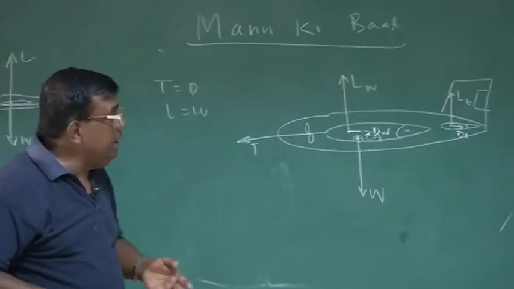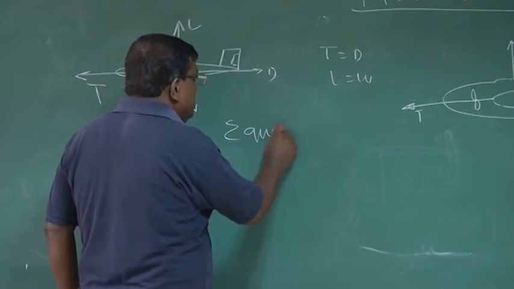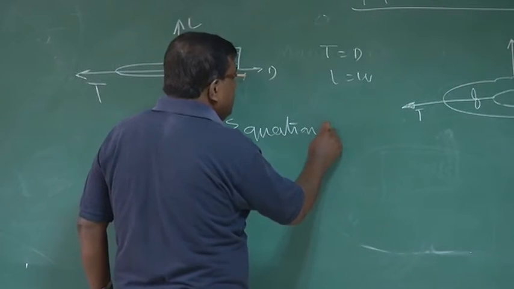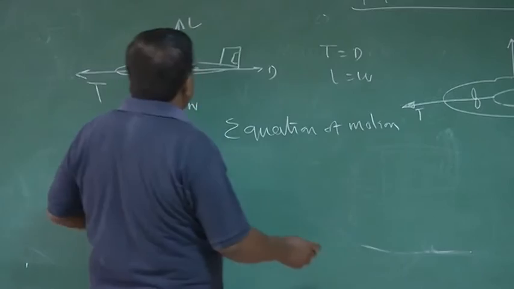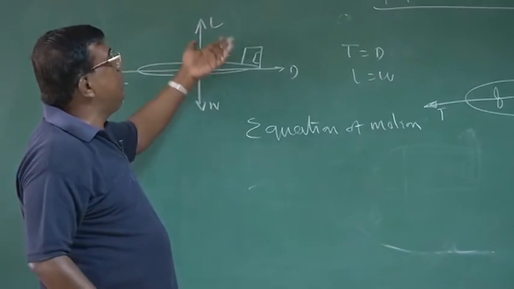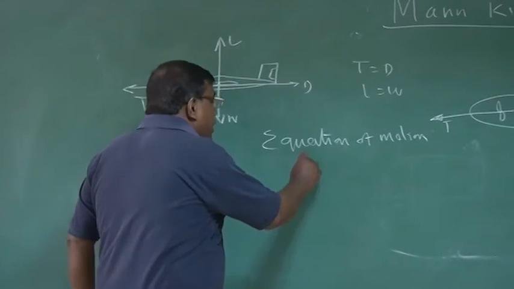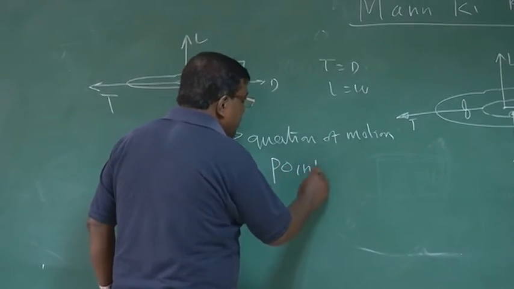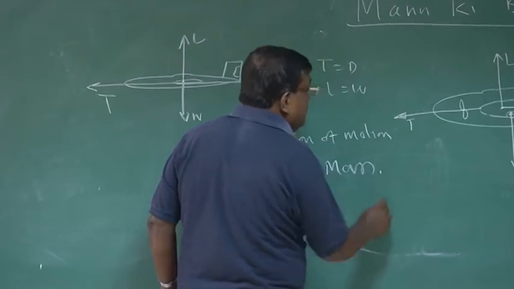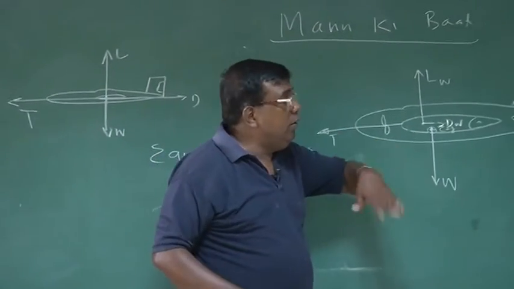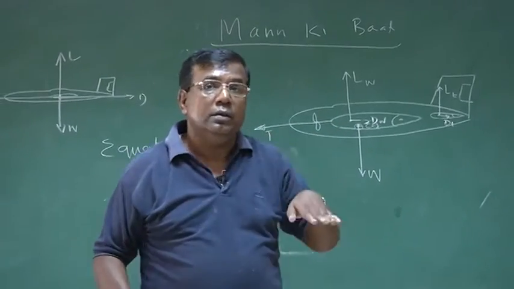But when I'm writing the equation of motion, remember the equation of motion? From there we got thrust equal to drag and lift equal to weight for unaccelerated flight. There we are using a point mass model, right? I mentioned that. Point mass assumption, that is, I am not bothered about mass distribution because I am only bothered about rectilinear motion.